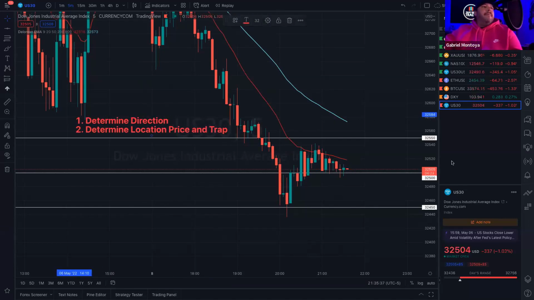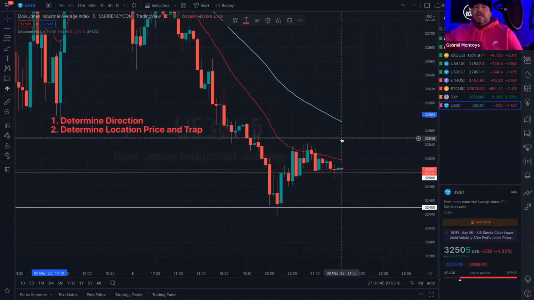What I mean by that is, obviously, I'm taking sells. And then literally what I did is, where is she consolidating right now? And I literally trap. Then from there, I set up and be patient.